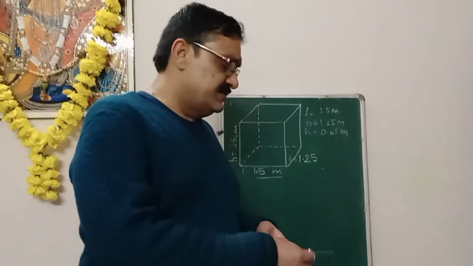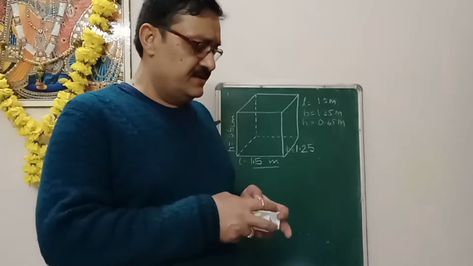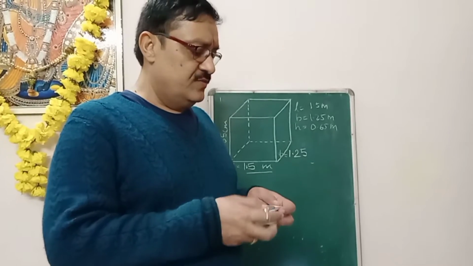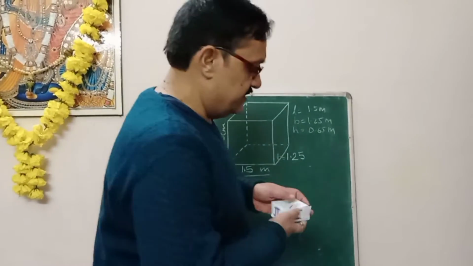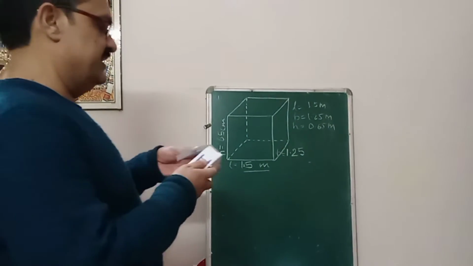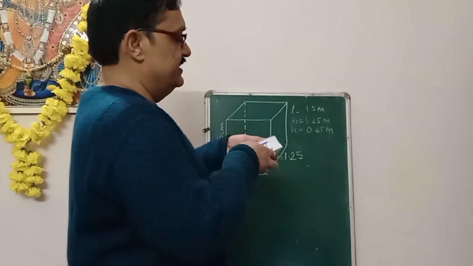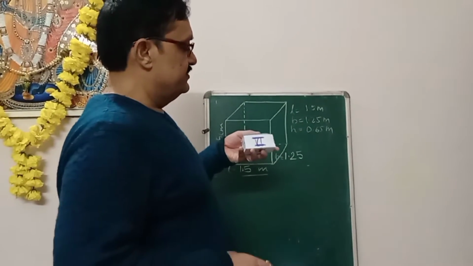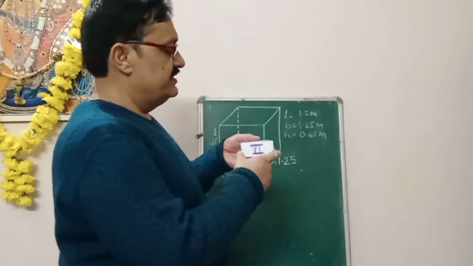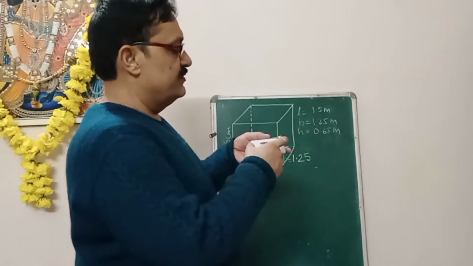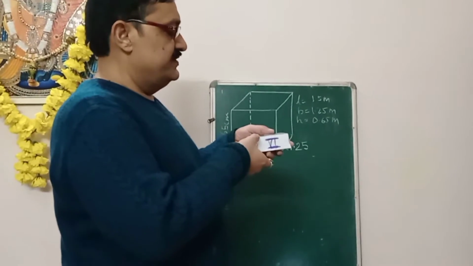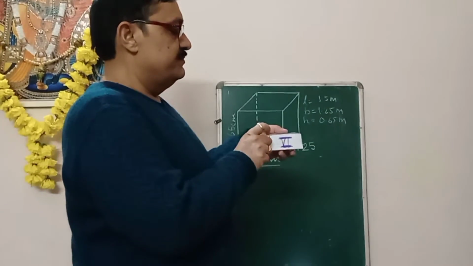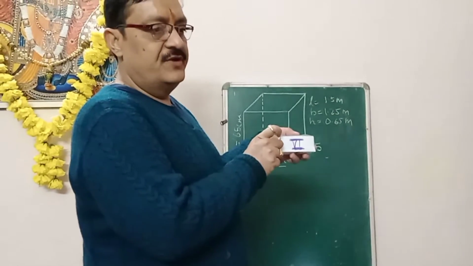While understanding the concept, we have understood that a cuboid takes a shape like this. Here the dimensions are given. Length is L, which is 1.5 meter. Height is 65 centimeter. This breadth is 1.25 meter.